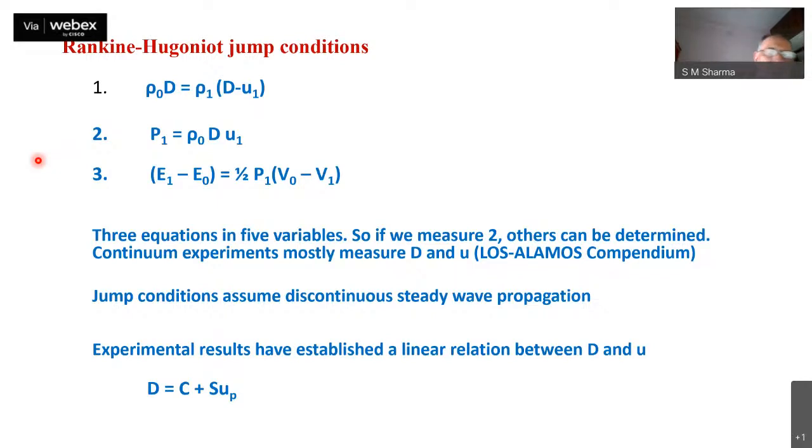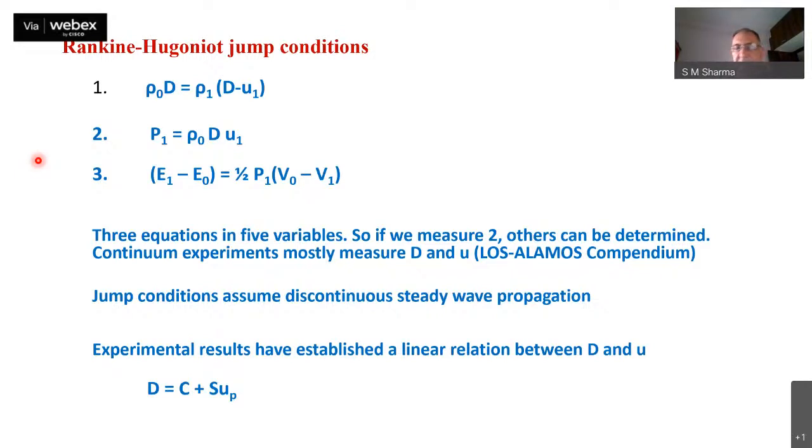If the material ahead is in motion, it also has some velocity, then the term D is usually replaced by what one calls Us. So just to make you familiar, when you look into the literature of shock wave physics, you will see the shock velocity sometimes referred to as D and other times referred to as Us. The Us represents that the shock velocity has a reference with respect to the material ahead, which could be moving.